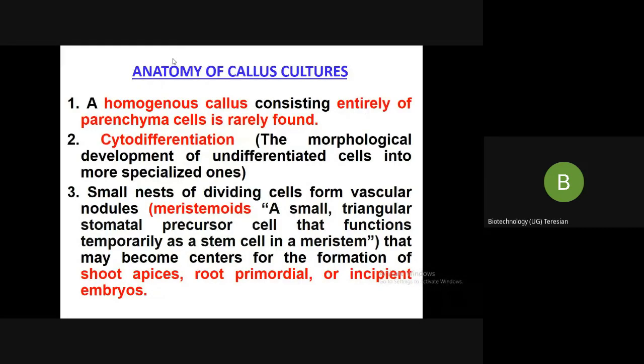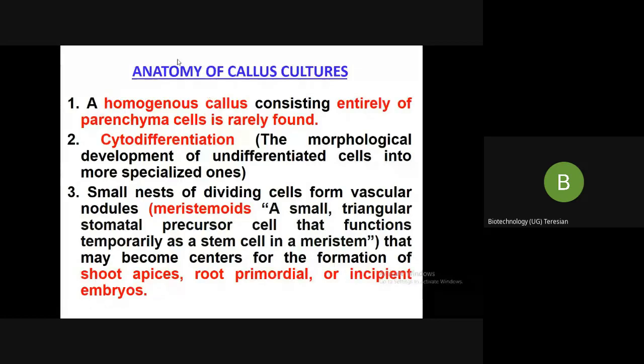So we define a callus as homogeneous. What we mean is, we have told that it is an undifferentiated, unorganized mass of parenchymatous cells. But when you look at a callus, it is not homogeneous. It is not the same.